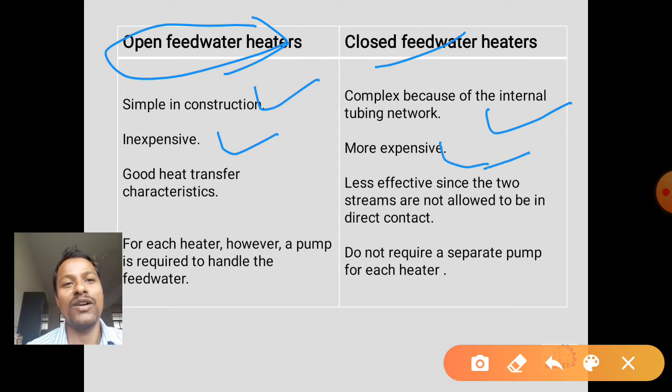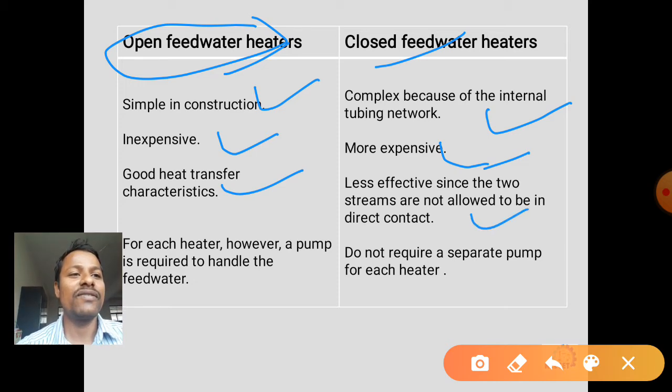Good heat transfer characteristics are there in the open one, since both bled steam as well as feed water mix, and less effectiveness in the closed one because the two streams are not in direct contact with each other. There is an indirect contact between them.